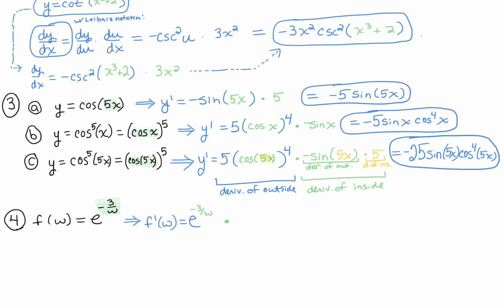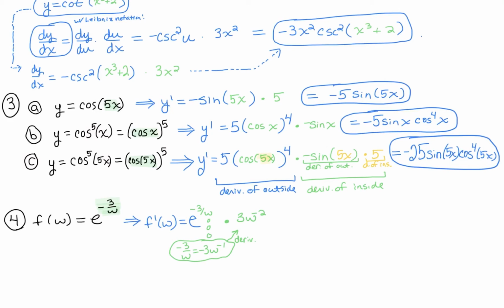As we're doing this work, we might want to think of negative 3 over w as being negative 3w to the negative first. So negative 3 over w is negative 3w to the negative first. And that might be a little more helpful when I'm taking its derivative. So bring down the negative 1, that's going to be 3, and then w to the negative 1 minus 1, so that would be to the negative second.